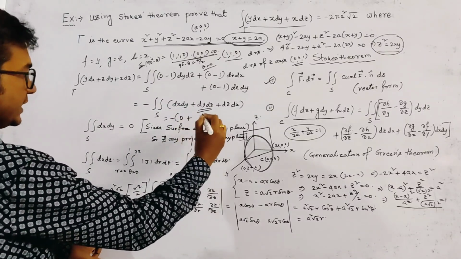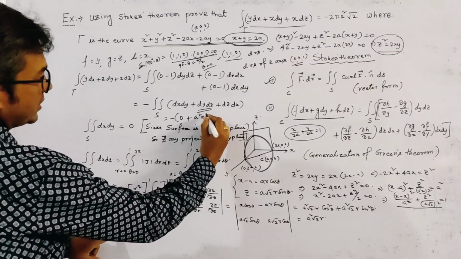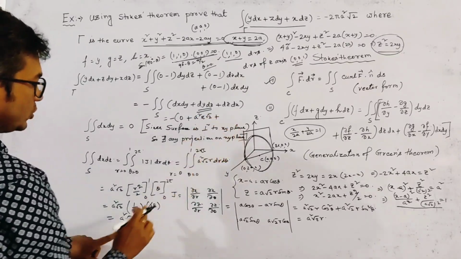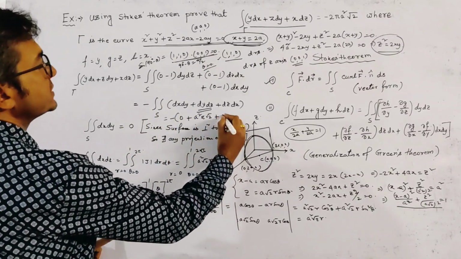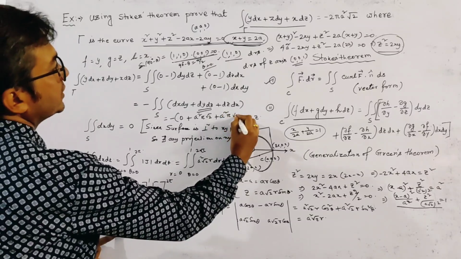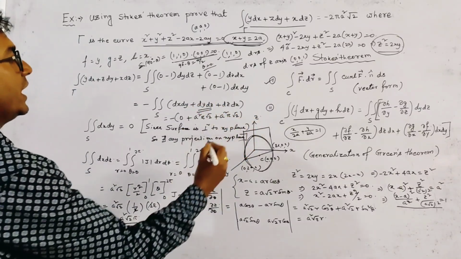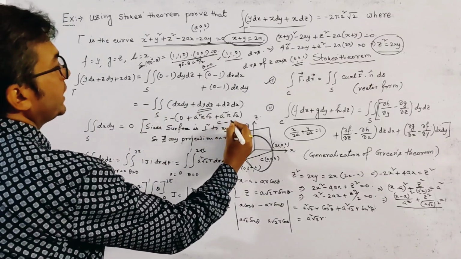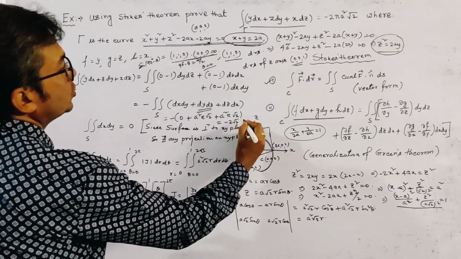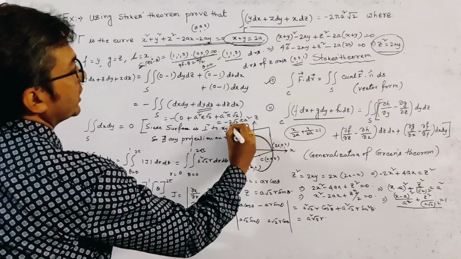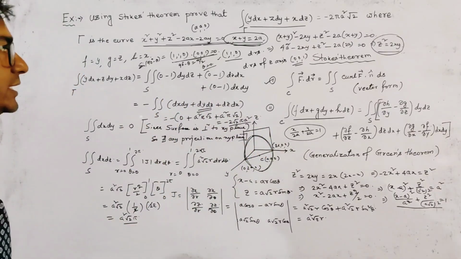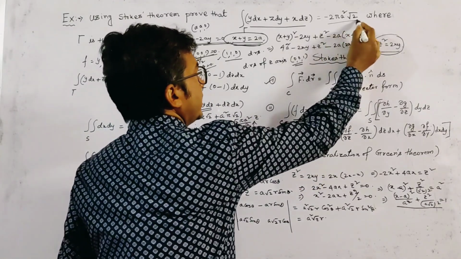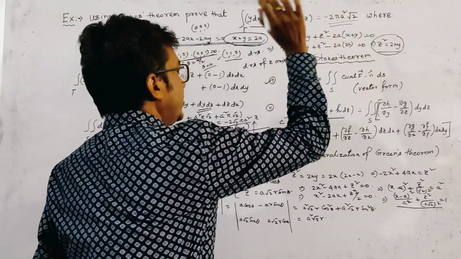The second integration is a square pi root 2, and also the third integration is a square pi root 2. The total value of this integration is minus 2 root 2 pi square, and clearly this is our required result.